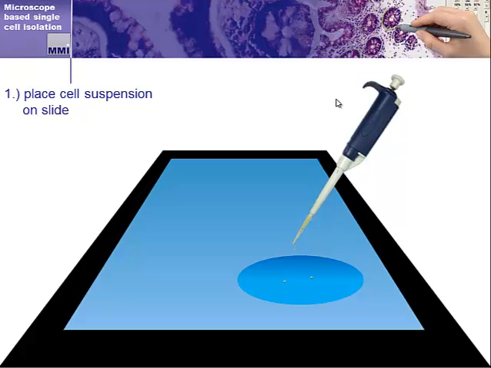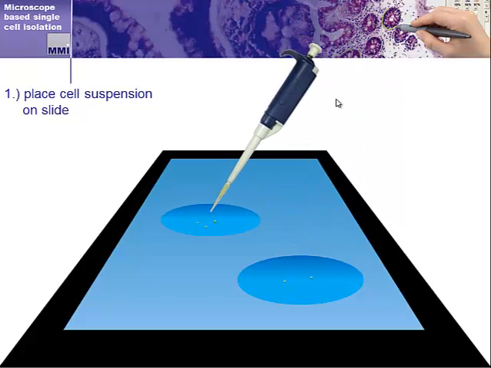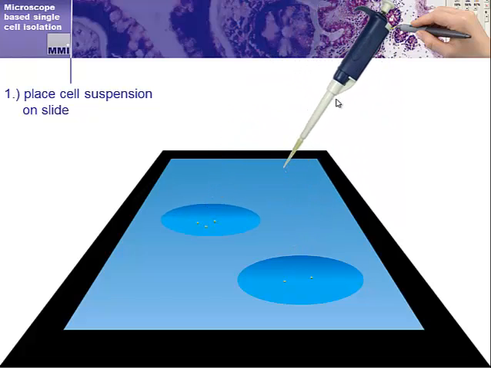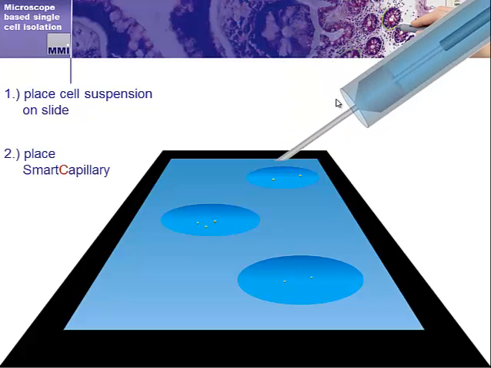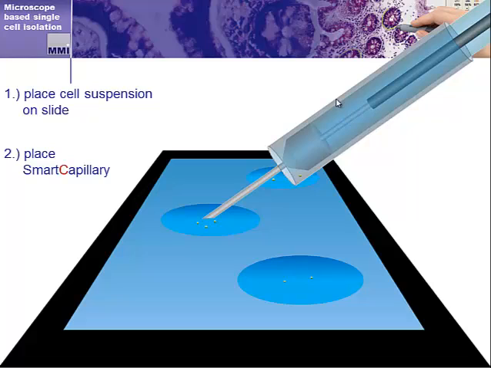The several steps are that first you have some suspension on the slide. The next step is that you have a capillary that aspirates the various particles, cells. Usually in a suspension you have two sorts of cells: one sort is freely moving, and the other sort is somehow attached to the bottom or to other things.